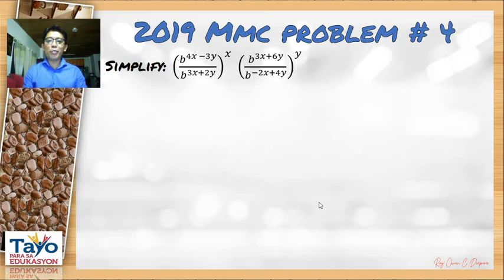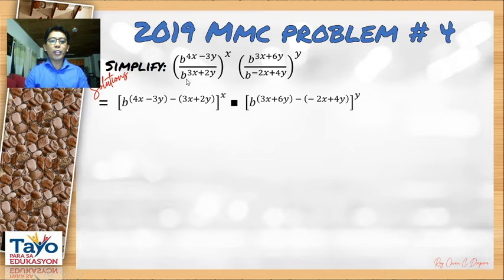Okay, let us now solve problem number 4. We are asked to simplify this expression. Of course, the very first thing that we are going to do, if you look at this area, the bases are the same and this is division, so we can apply the quotient rule from our review section.